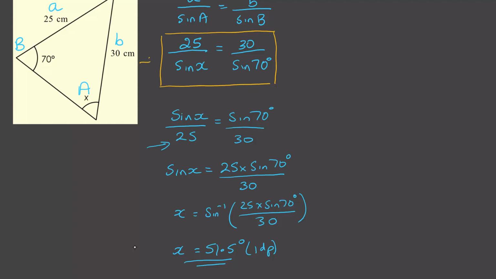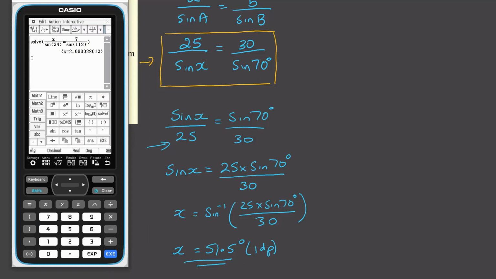Now I said I would come back to here, and let's do that. So on here I can go solve, and then 25 over sine x is equal to 30 over sine 70.